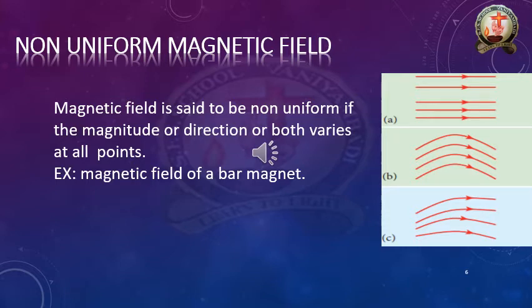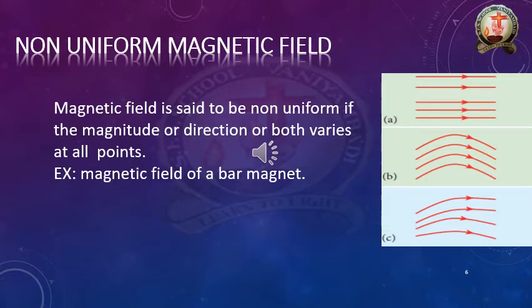Either the magnitude is different, that is non-uniform. Either the direction of the magnetic field is different, that also we should call non-uniform. Both magnitude and direction are different, then also we can say that the magnetic field is a non-uniform magnetic field.